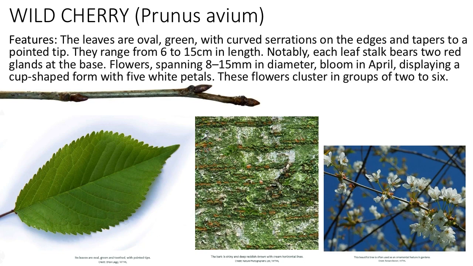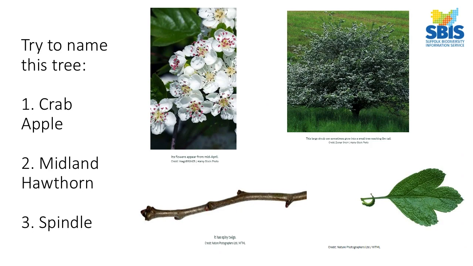So looking at our next slide, I thought I would see how much you've been paying attention, and see if you can name this tree. You've got three options here: the crabapple, Midland hawthorn, or the spindle tree. The details that we've got are that its flowers appear from mid-April.